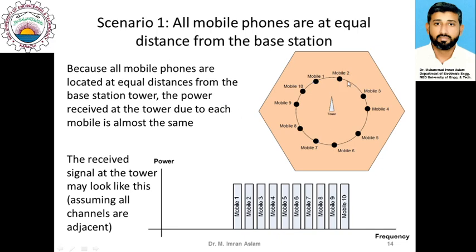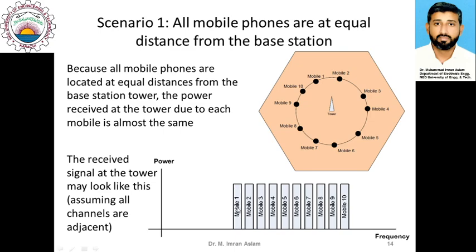So we are assuming that we have 10 mobiles which are at almost the same distance from the base station. Since all mobile phones are at the same distance, the power received at the base station from each of the mobile phones will be approximately equal. So if we try to plot the spectrum of the power received at the base station, it would look somewhat like this.